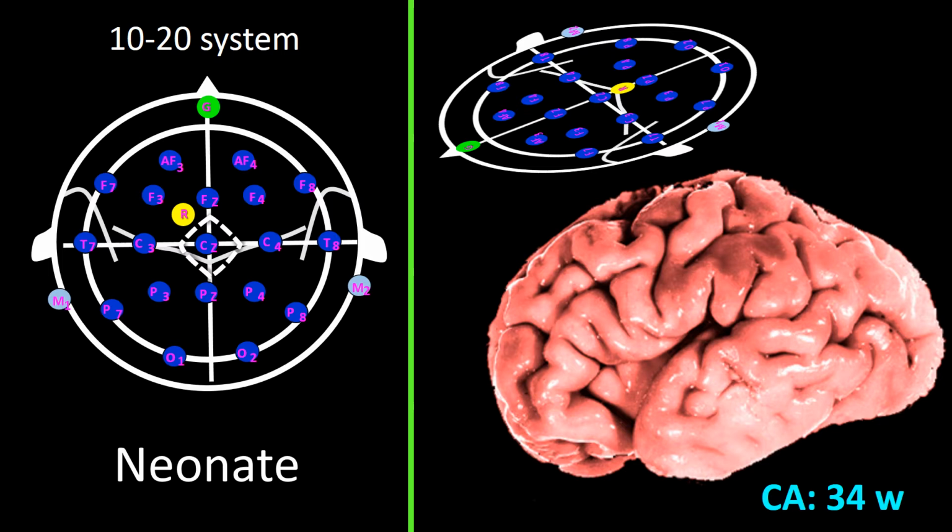The second reason is that eye activity produces too many artifacts in the frontopolar electrodes. Except for what I have just mentioned, the rest of scalp electrode placement in neonates is the same as in older children.